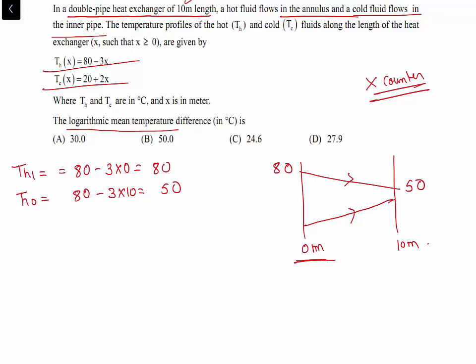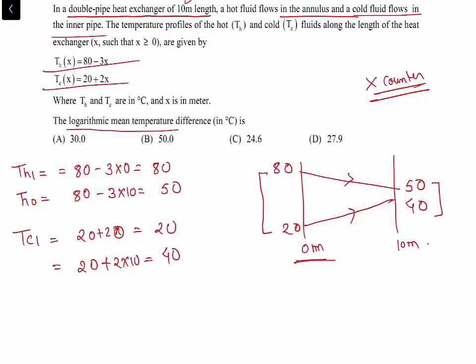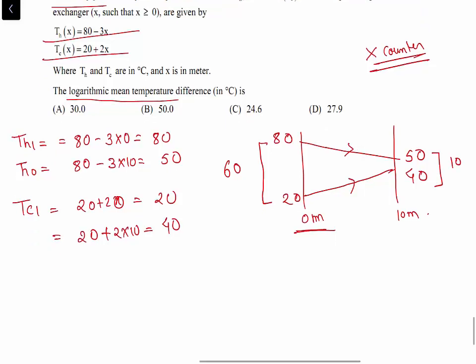Okay, so now you can calculate TC1, 20 plus 2x, so at 0 that will be 20. Then 20 plus 2 into 10, so that will be 40. Now you can easily calculate LMTD from both these temperature differences. So 80 minus 20 will be 60, 50 minus 40 will be 10.